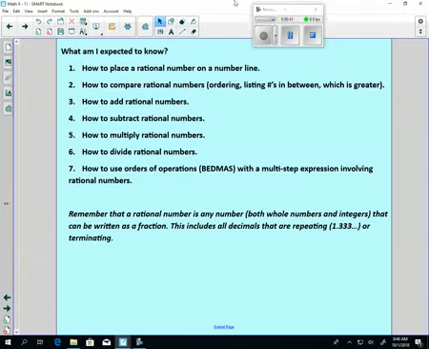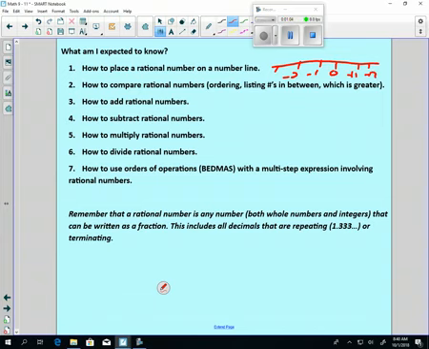What you're supposed to know so far is how to put a rational number on a number line. So we know what a number line is. Generally we have partitions. It could be 0, -1, -2, and then +1, +2.